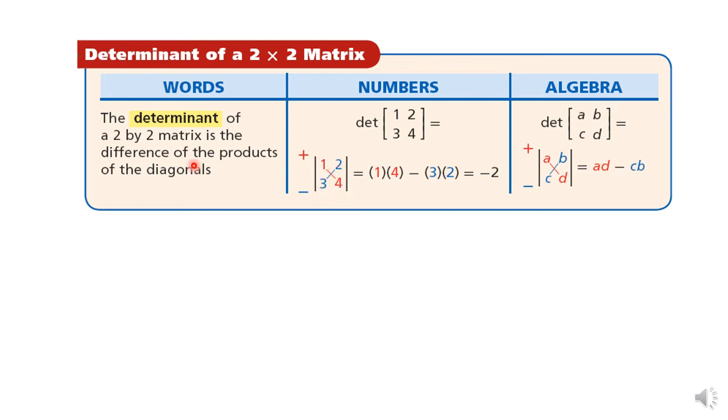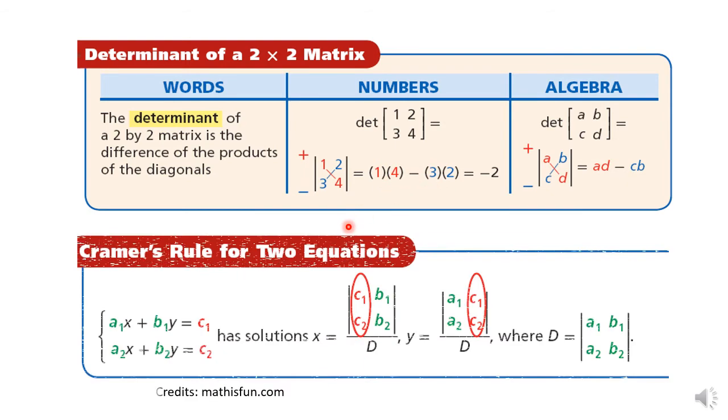So we're actually subtracting two products. The first one is the product of 1 and 4, this stroke here, and the next one is this product, 2 times 3. So the other product becomes a subtrahend. Take note of the order because subtraction is not commutative.